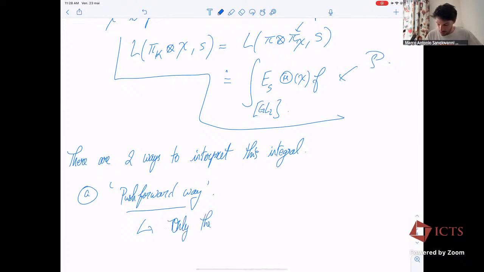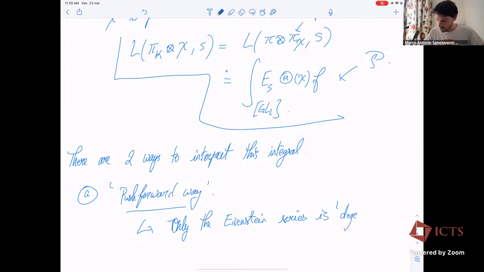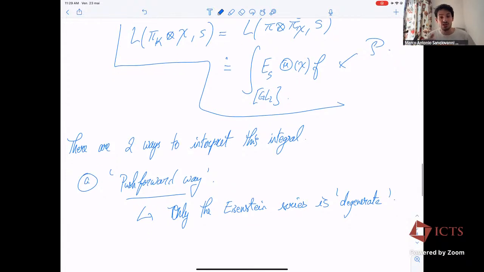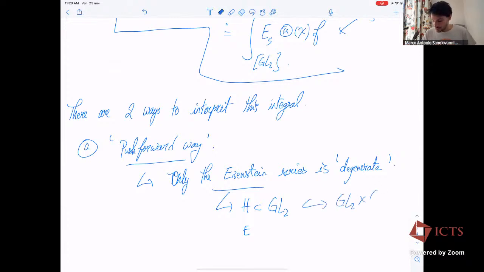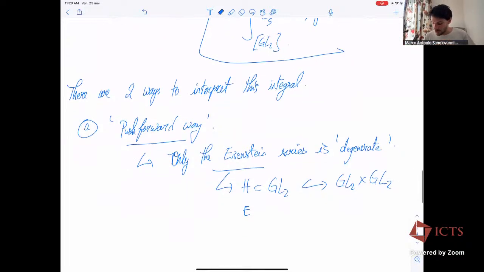Only the Eisenstein series is degenerate. And so immediately it becomes a push forward integral in the sense that the degenerate automorphic form is on the small group. So from the point of view of before, the small group is GL2 with my Eisenstein series on H, on the small group, which lies inside GL2 times GL2, and my non-degenerate form is just my theta chi times f.